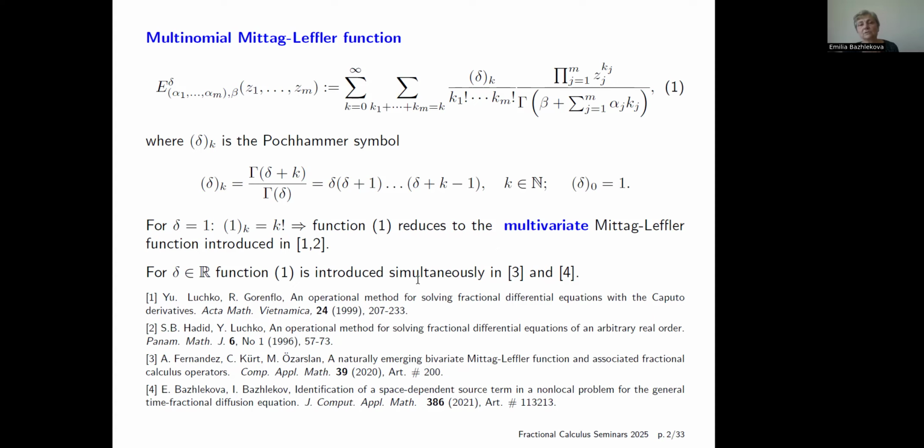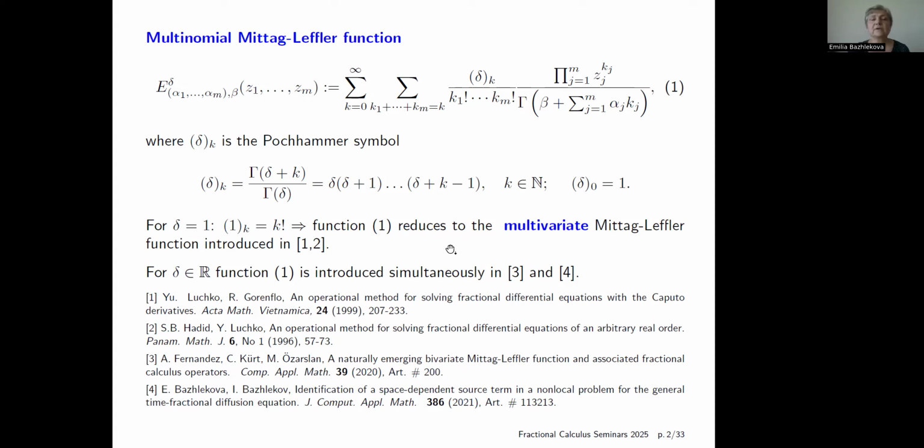Our motivation to define this function was the following. In our study of a non-local problem for a multi-term type fractional diffusion equation with non-local boundary conditions, besides the functions defined by Luchko, it was necessary to extend the set of these functions such that it also contains the convolutions of such functions.